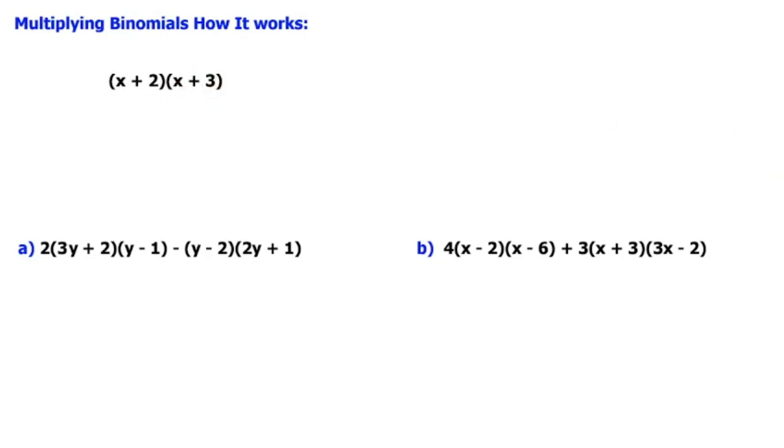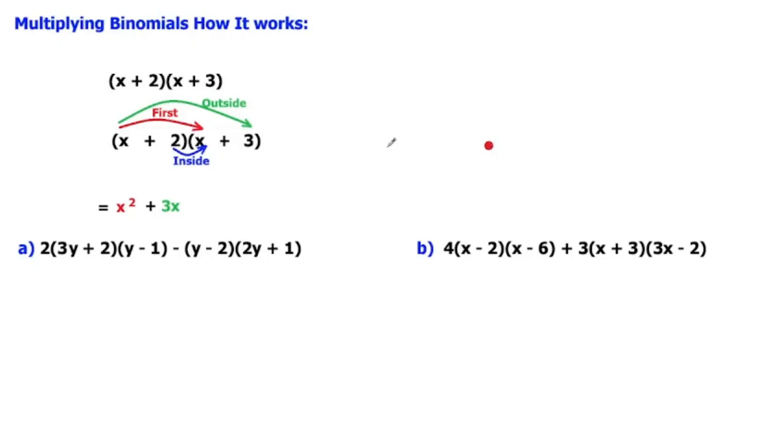Two terms. So now we can just multiply the first term. x times x gives you x squared. Now we multiply this x with the outside number. x times 3 gives you 3x.